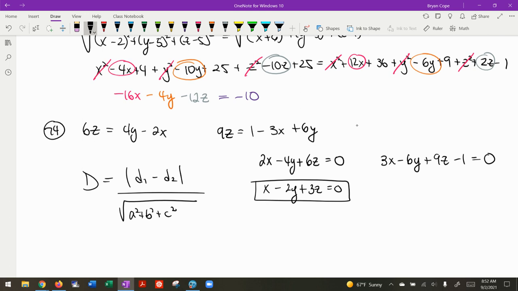I'm going to divide through by 3 to get x minus 2y plus 3z minus 1/3 equals 0. So our d values are 0 and negative 1/3. The difference between those is 1/3. So my distance is 1/3 over the square root of 1 plus 4 plus 9, or 1 over 3 root 14.